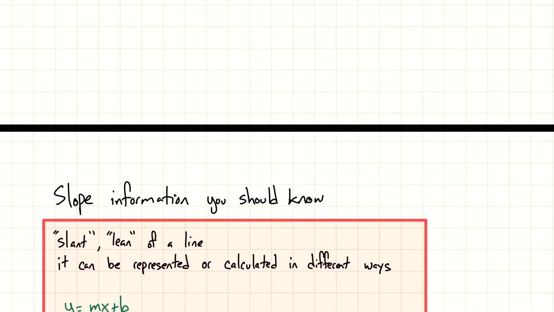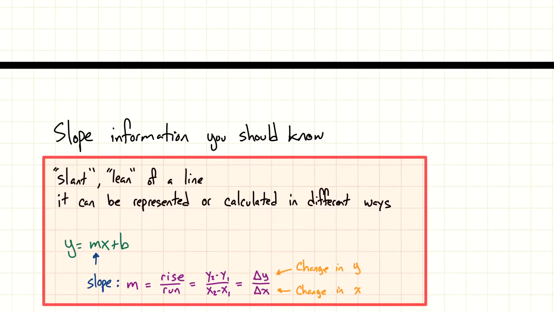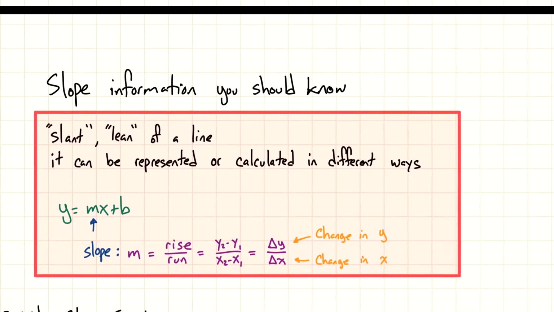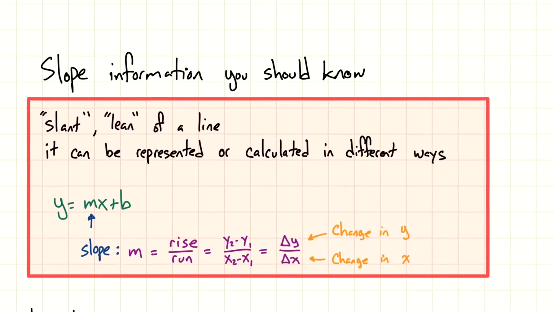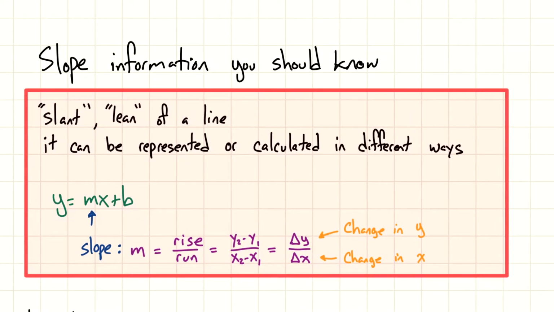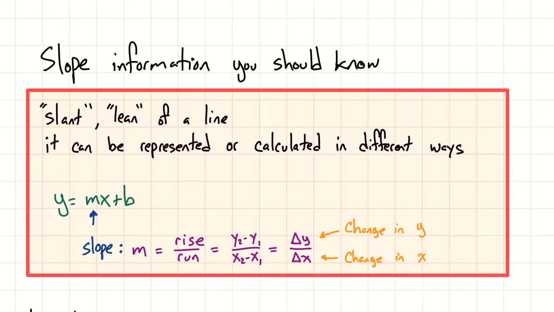And so some just reminder of slope information that you need to know, because a lot of times now that we're starting to talk about slope, we need maybe a little bit of reminder of what slope is. And so sometimes we refer to slope as slant, lean of a line. How much is it slanted? How much does it lean? It can be represented or calculated in different ways.